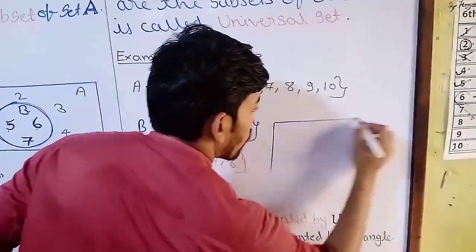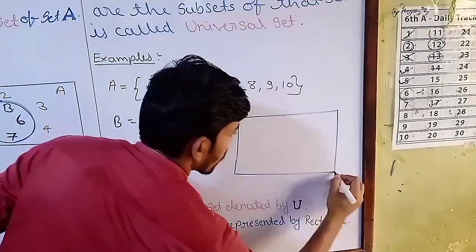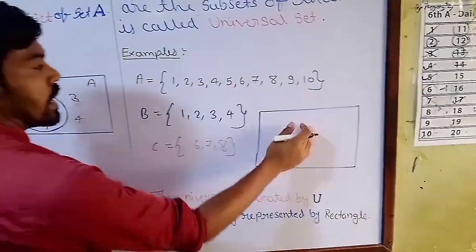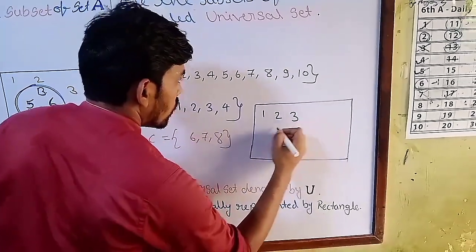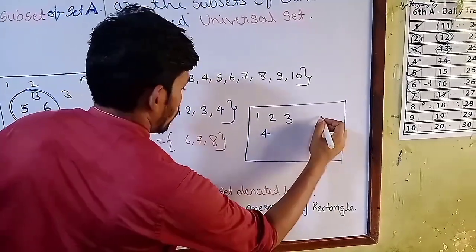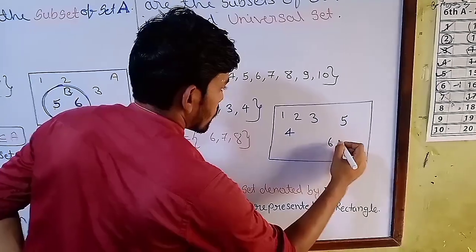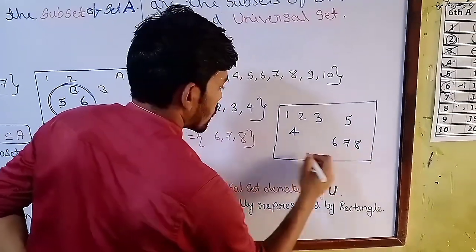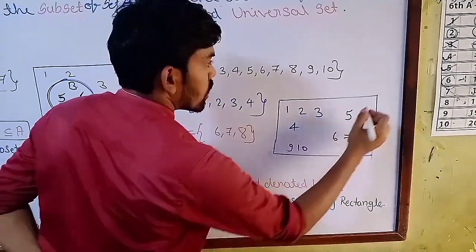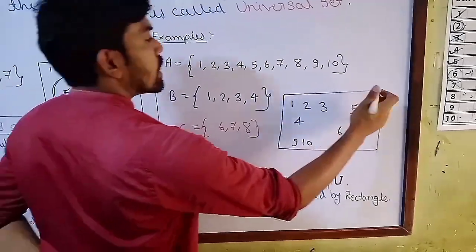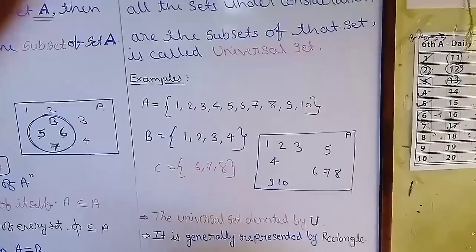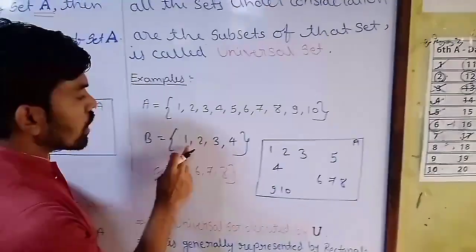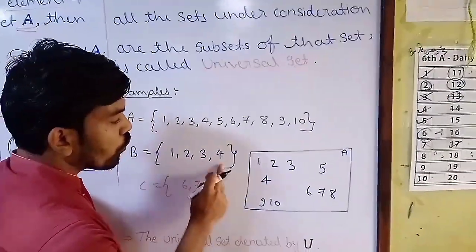The set which includes all the elements of the other sets is called the universal set. We have to understand with the help of a diagram. Suppose we have set A: 1, 2, 3, 4, 5, 6, 7, 8, 9, 10. Now proceed for set B: 1, 2, 3, 4.